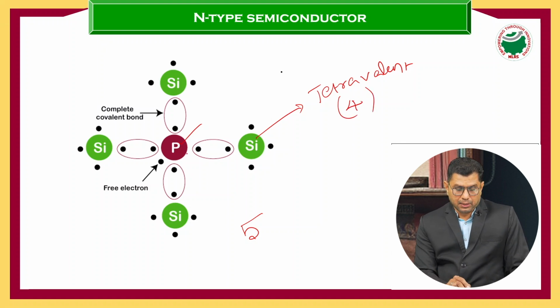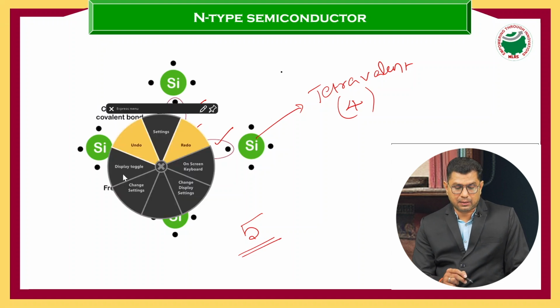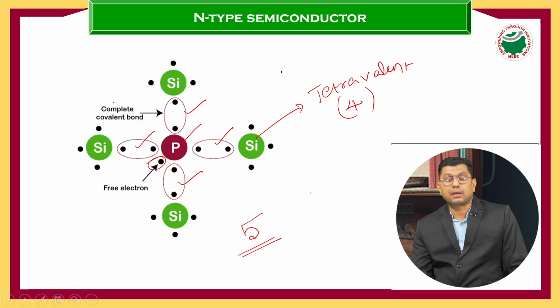So 4 electrons of phosphorus will form 4 covalent bonds: 1, 2, 3, 4. These 4 covalent bonds are formed. But how many electrons are there here? 5. So 1 extra electron is available here.